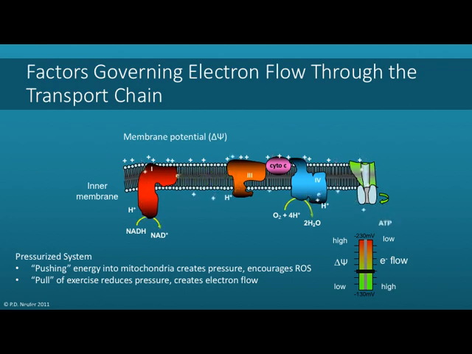Both carbohydrates and fat make both NADH and FADH2. Fat simply makes more FADH2 than carbohydrates do. So both fat and carbohydrates will force energy in here on complex 1 or in complex 2 that we don't have on the slide. But both of them will force that energy in.